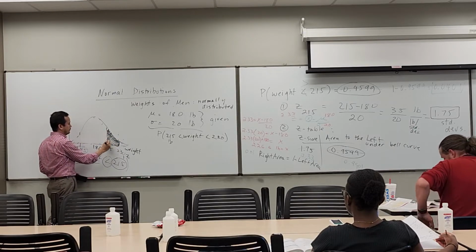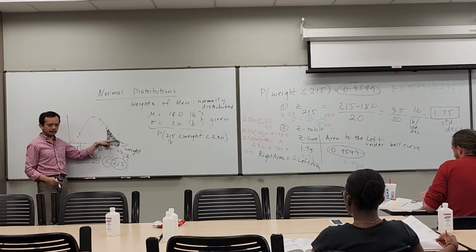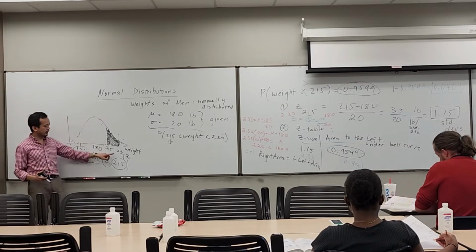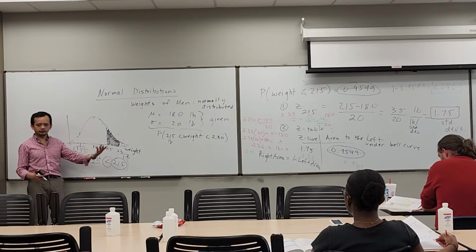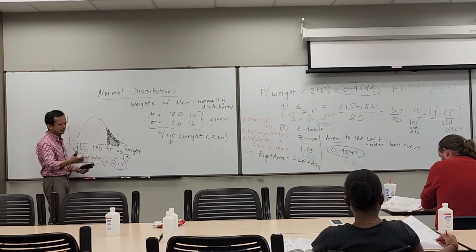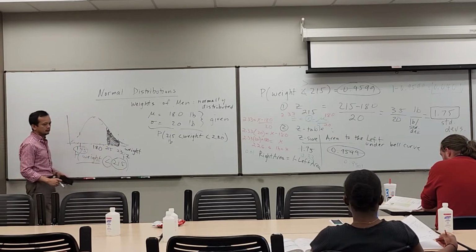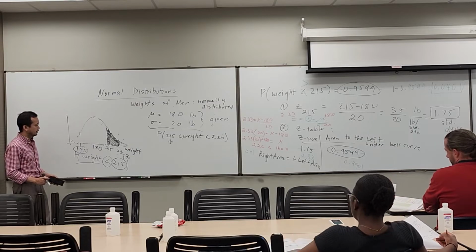So this will be the same as the area between 215 and 230 under the bell curve. So it's this black area here. The way that we find that area, we said, is to find the z-score of each one, so that we can find the left area of each one under the bell curve. So let's practice that. How do you find this area? You take the area under 230 and subtract the area under 215.